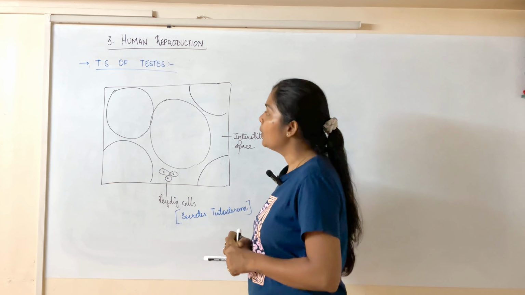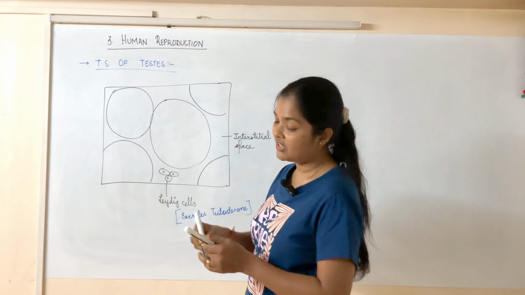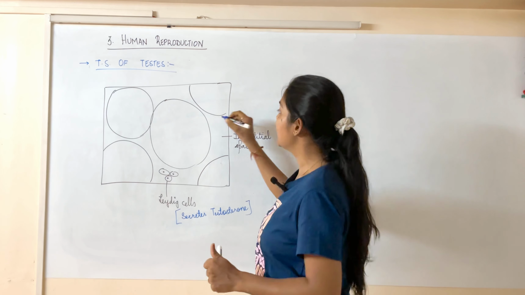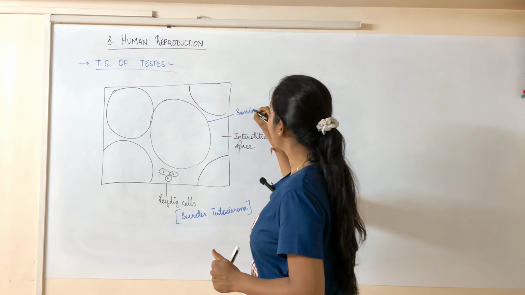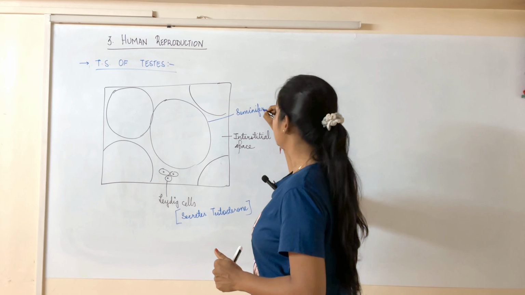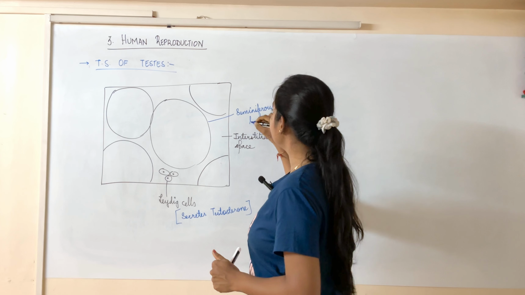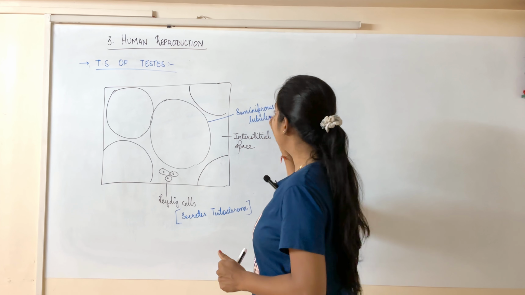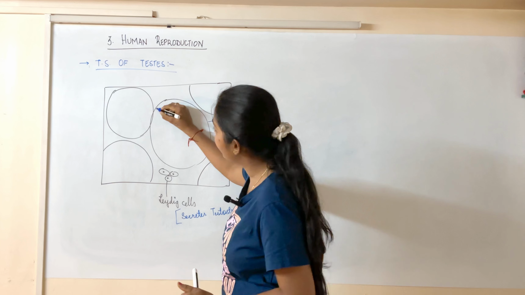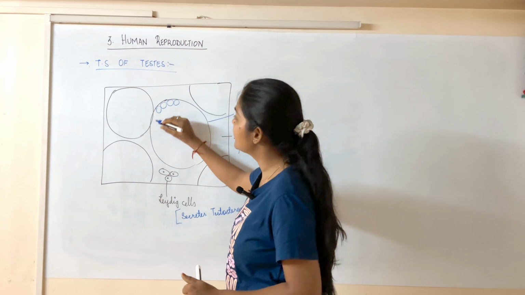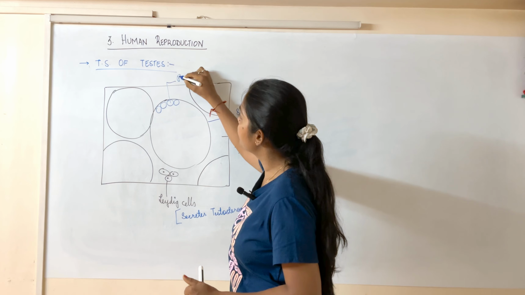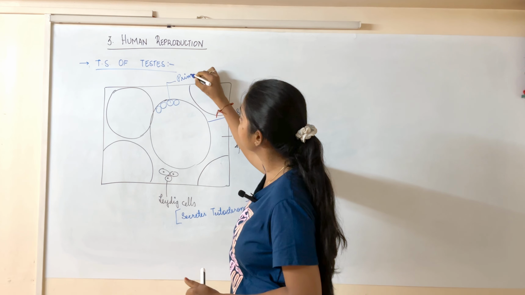Okay, now here, each of these circular structures represents a seminiferous tubule. Now, what does this seminiferous tubule comprise of? Within each seminiferous tubule, you will find there are a number of cells lining it. Each of these cells is called a primary germ cell.